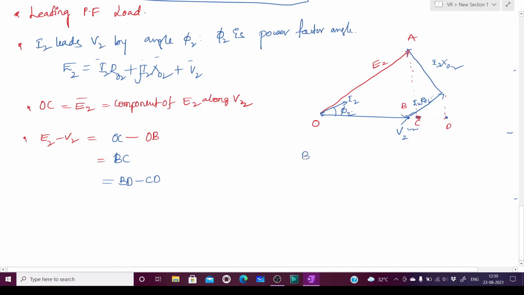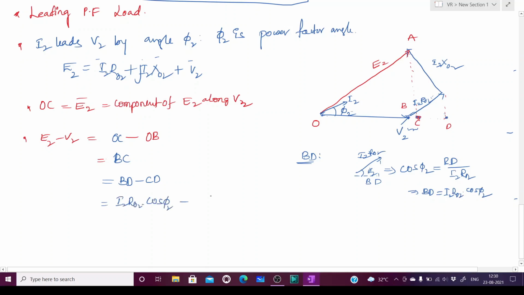Finding BD: BD is nothing but the I2 R02 base component. This angle is φ2, so if you apply cos φ2, that will be BD by I2 R02. So BD will be equal to I2 R02 into cos φ2. Now we are finding CD.